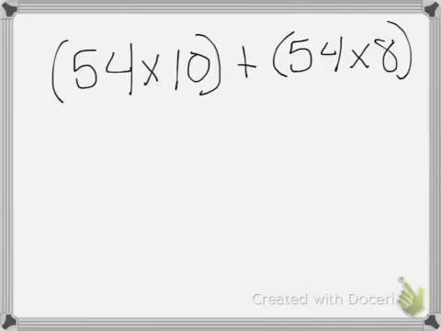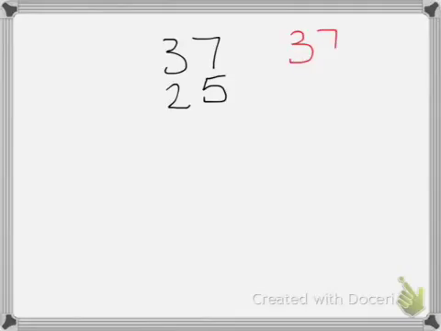For example, we were also given the problem 37 times 25. As always, I multiply the ones first, but I'm going to start with 37 times the 5. So I'm going to write that all in red.